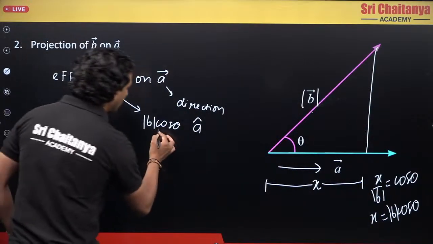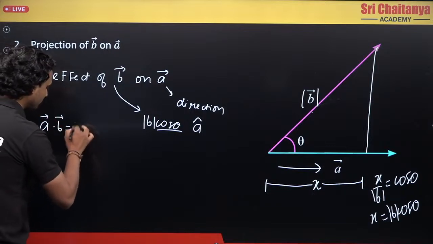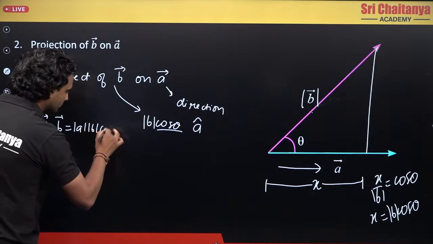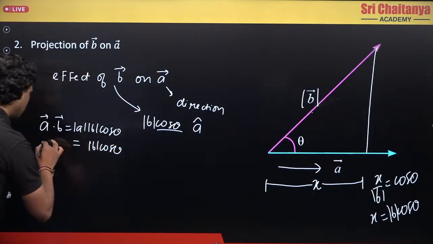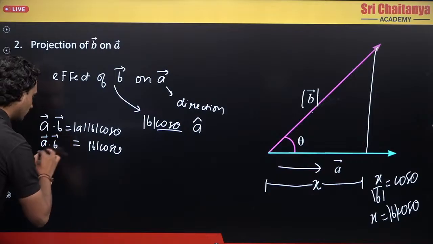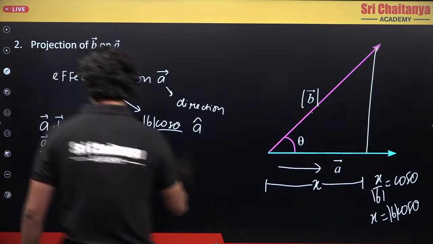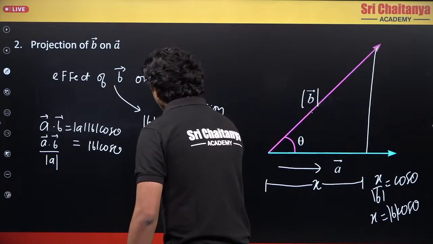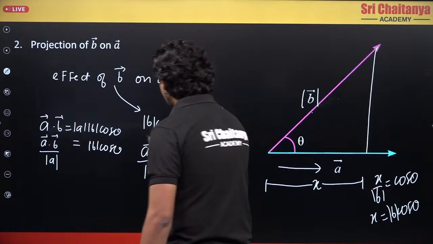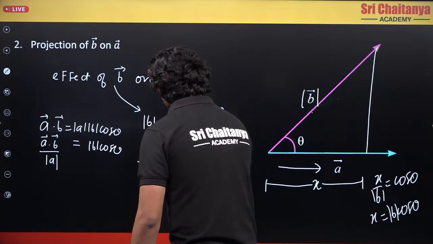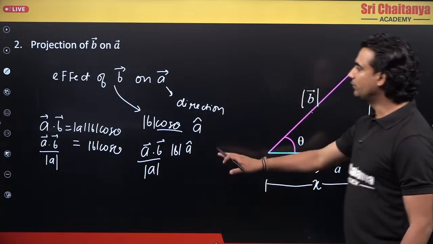Now how to substitute cos theta? Vector A dot B is mod A mod B cos theta. So from this I can say mod B cos theta is equal to A dot B upon mod A. Just substitute the value here. So I will have A vector dot B vector upon mod A, into unit vector of A. Okay, so this is how you can find it.